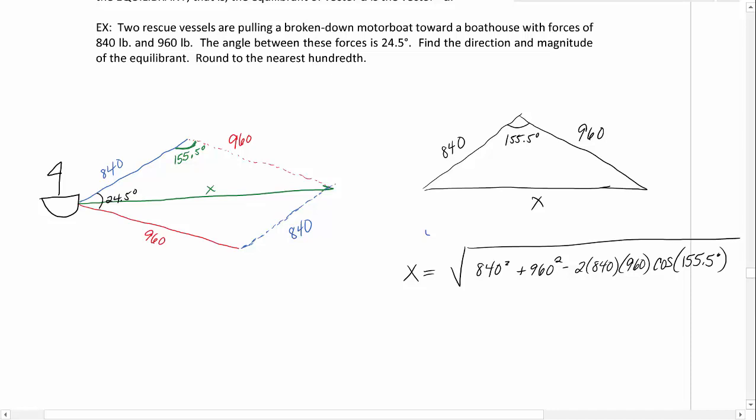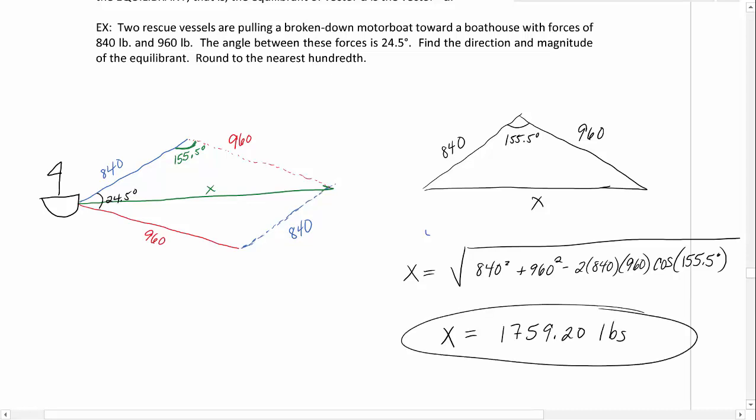And we'll just plug that into our calculator all at once. Rounding to the nearest hundredth, we get x to be 1,759.20, and our unit is pounds. That's the magnitude of our resultant vector, but that will also be the magnitude of our equilibrium because it's just the opposite vector, and opposite vectors have equal magnitude.